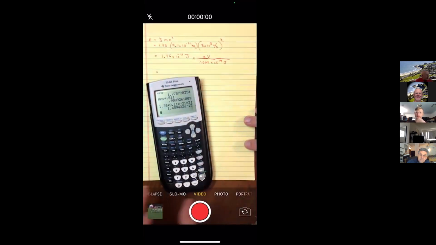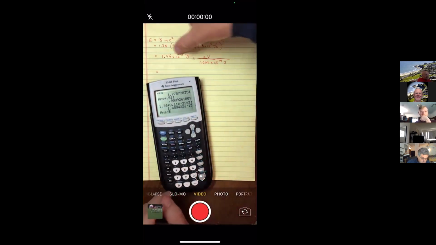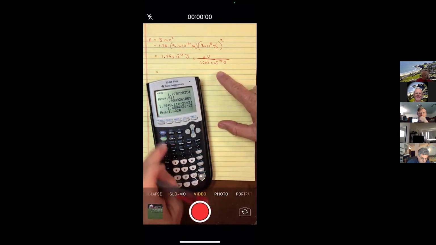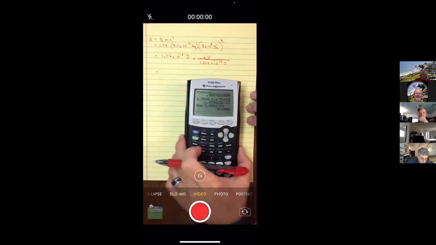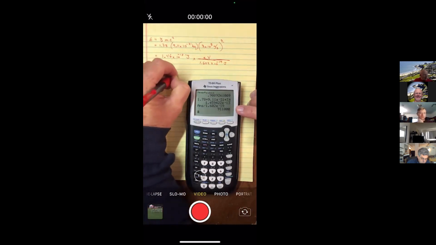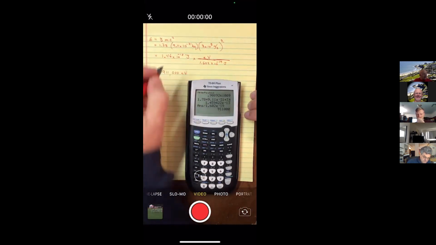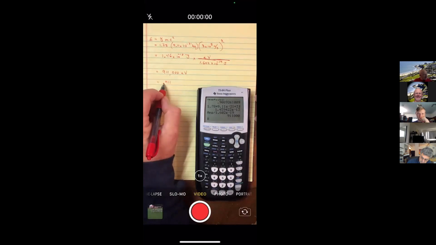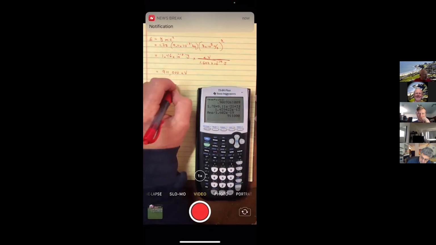All right, so if I do this and convert the joules into electron volts, dividing by 1.602 times 10 to the negative 19, I get 911,000 electron volts, which if I move the decimal 6 places, that's 0.911 mega electron volts.